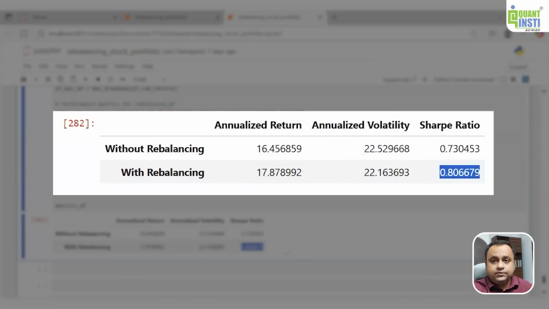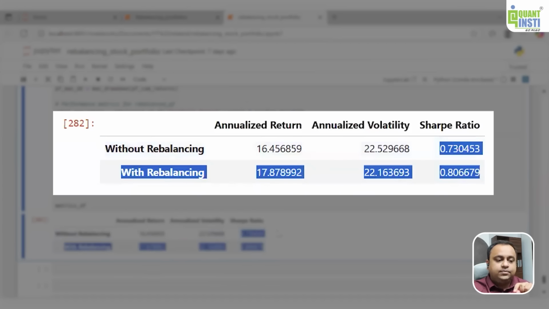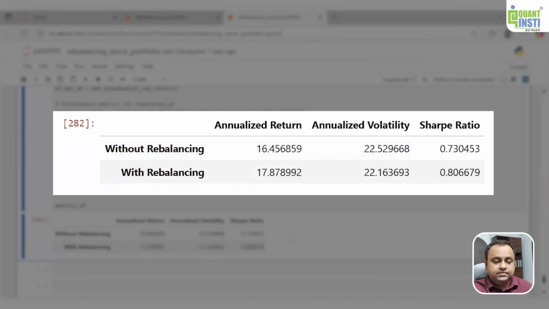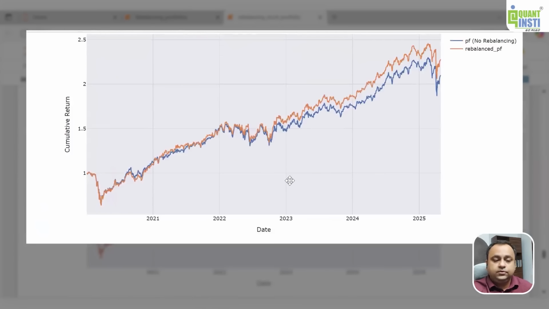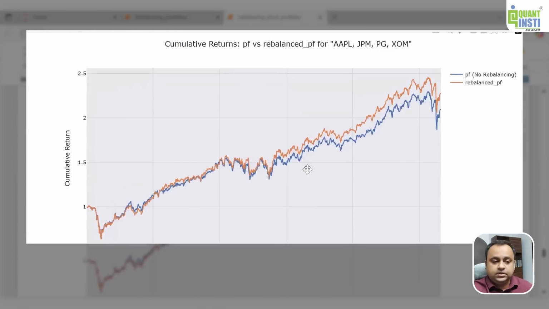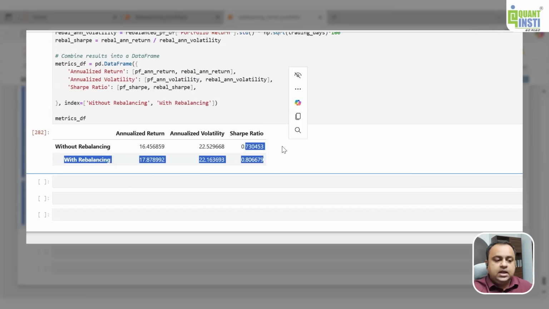The Sharpe ratio of this portfolio is around 0.8, whereas the portfolio without rebalancing is 0.73. This is a significant difference in the Sharpe ratio. So the risk adjusted returns of this portfolio, along with the cumulative returns in case of a rebalanced portfolio, was high. But the outperformances are not our main goal.